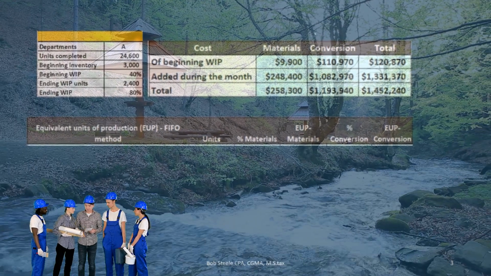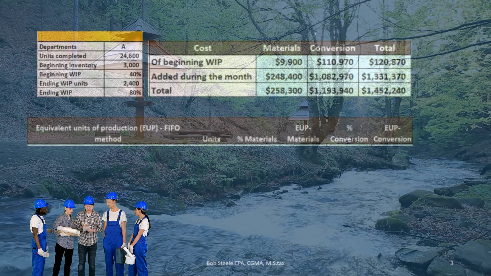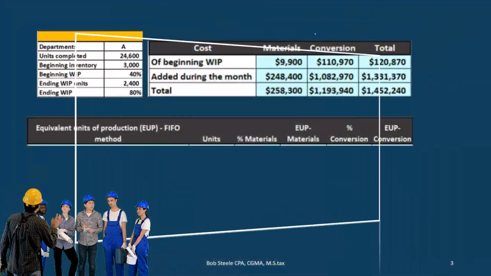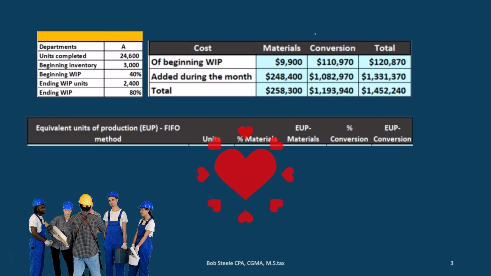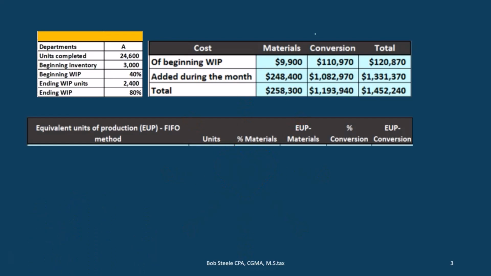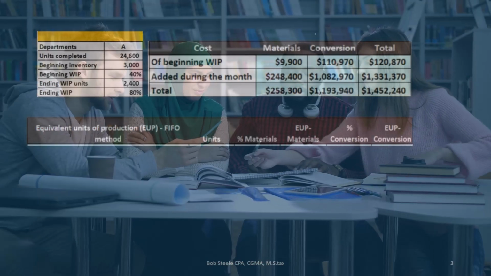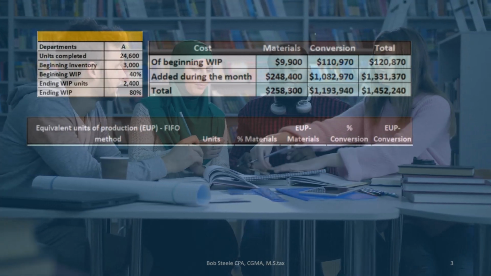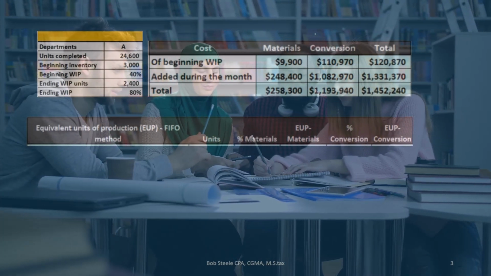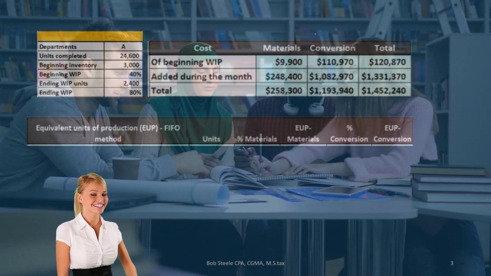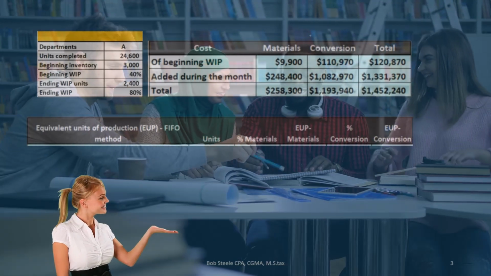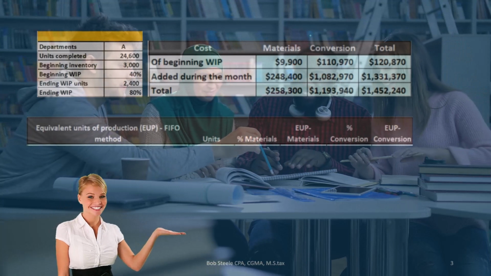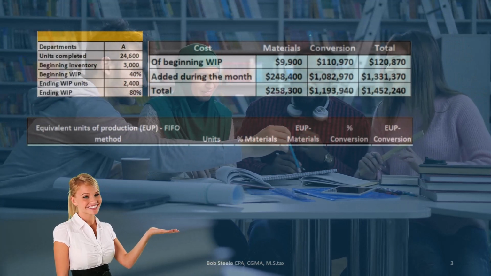The conversion is going to be the direct labor and overhead, the things that are going to convert the materials to the end product. So we have to break those things out and think about equivalent units in terms of materials and conversion. Our goal here is to use those equivalent units to help us allocate these costs to the proper area, the proper department, the proper function, and that's what we will be doing at this time.